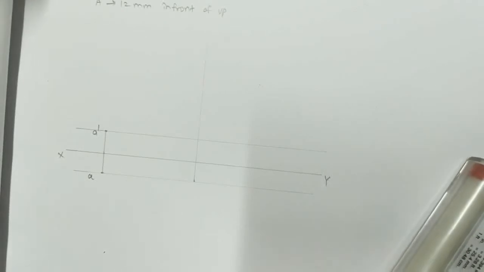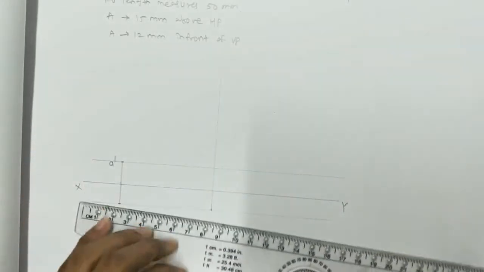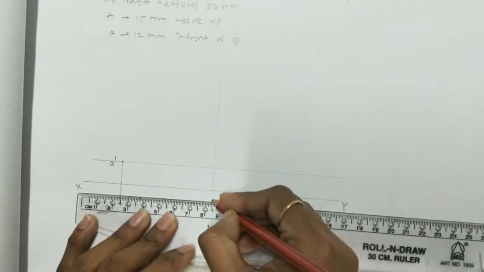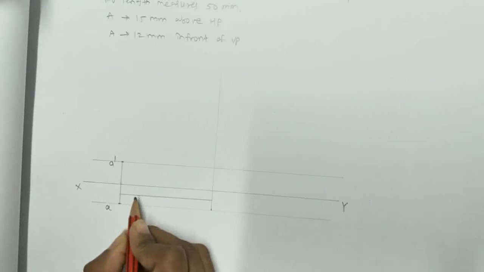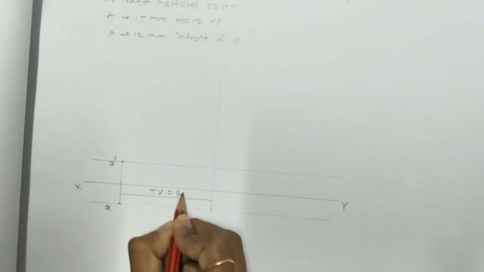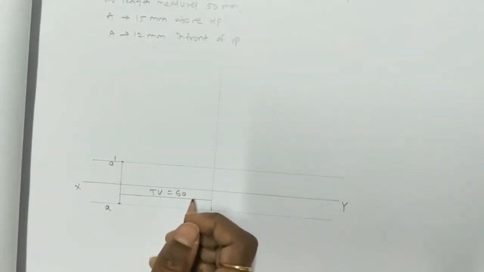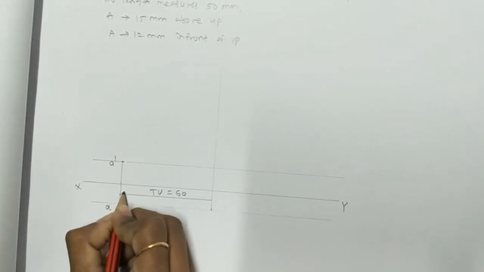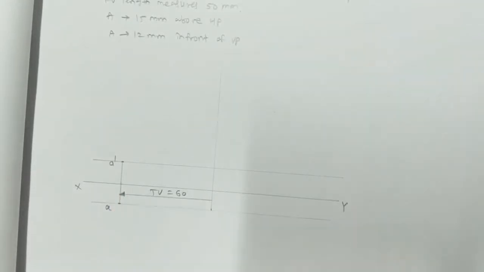Like this. Now I have drawn this line and this distance is 60 mm. You can show here that top view equals 60. As I have started from top view, you can start from front view also.